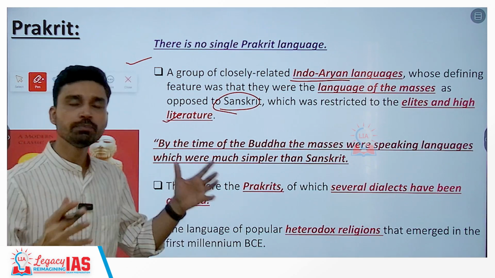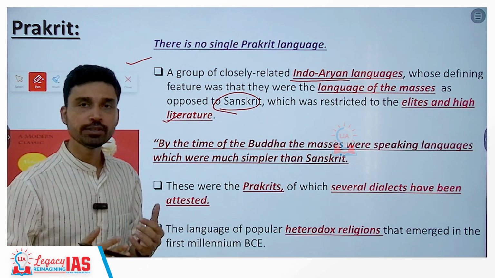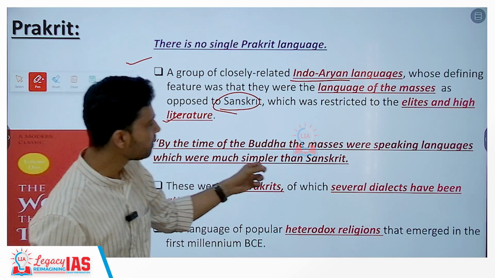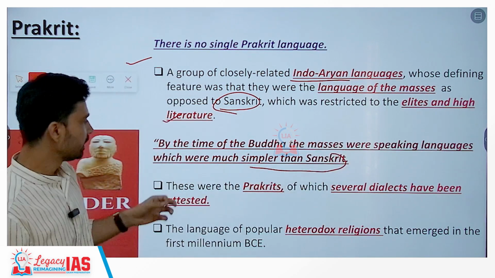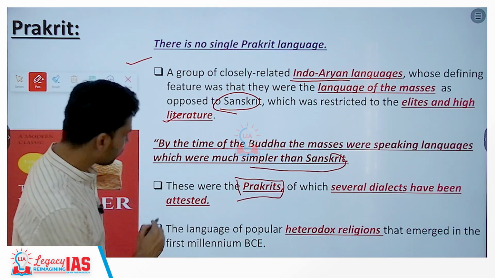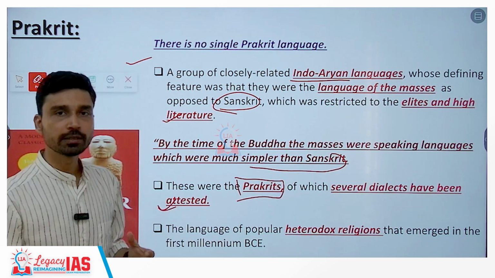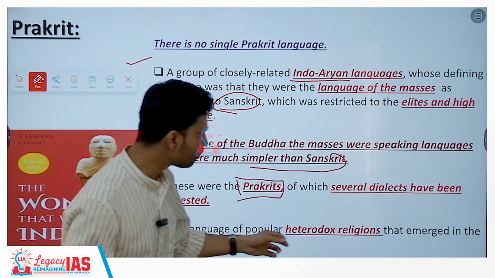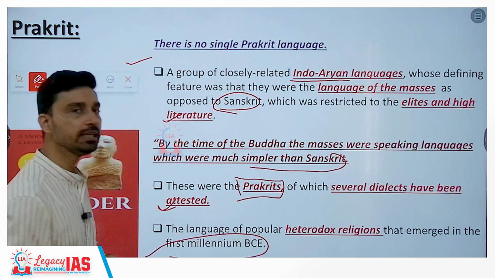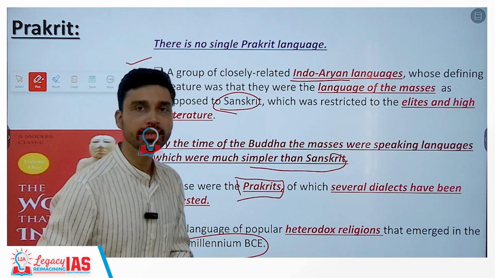Scholars and historians believe that by the time of the Buddha, the masses were speaking languages much simpler than Sanskrit. These were referred to as Prakrits, of which several dialects have been attested. Thus, Prakrit can be defined as the language of popular heterodox religion that emerged in the 1st millennium CE.